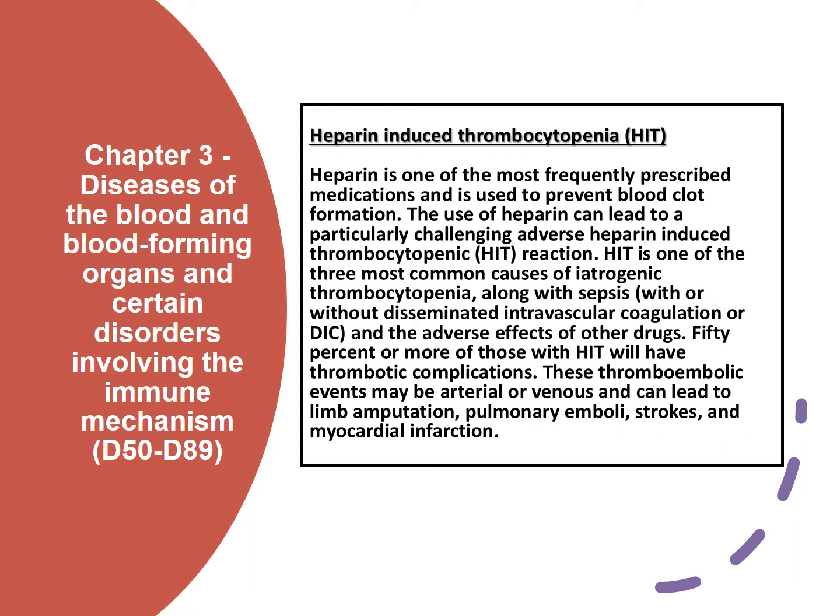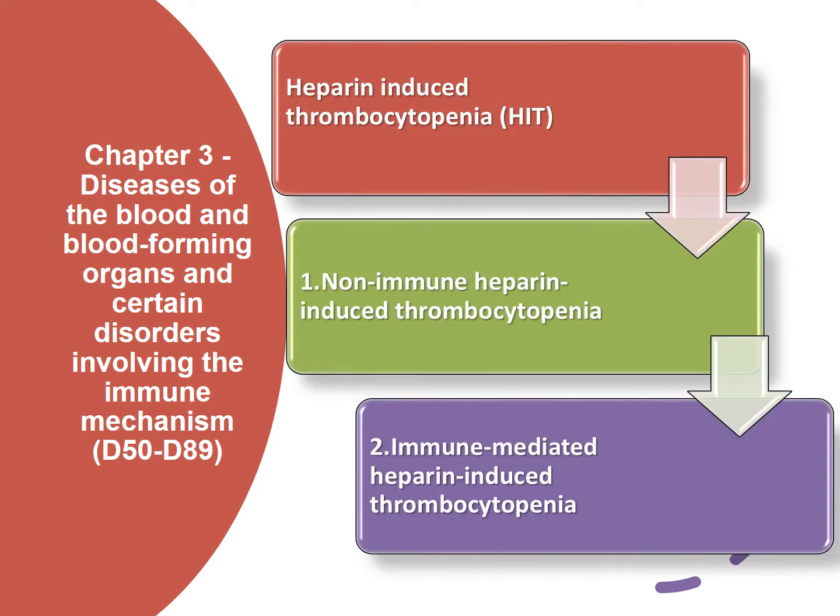There are two distinct types of heparin induced thrombocytopenia. They are non-immune heparin induced thrombocytopenia and immune mediated heparin induced thrombocytopenia. Coming to the first one, non-immune heparin induced thrombocytopenia. It occurs most frequently, is characterized by a mild decrease in platelet count and is not harmful.